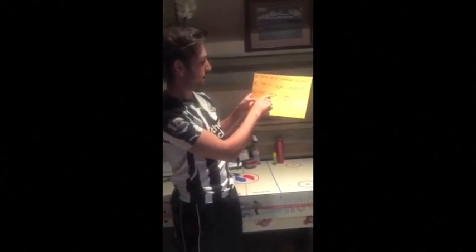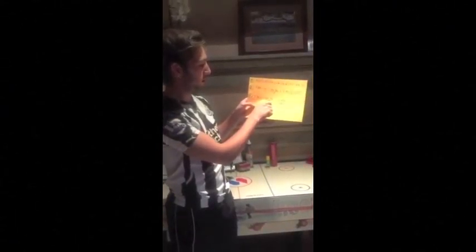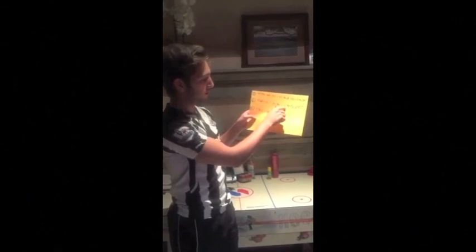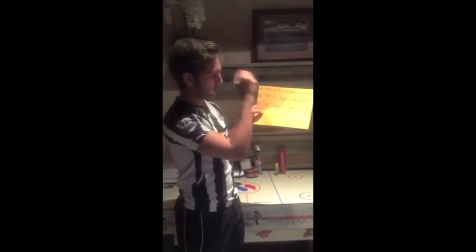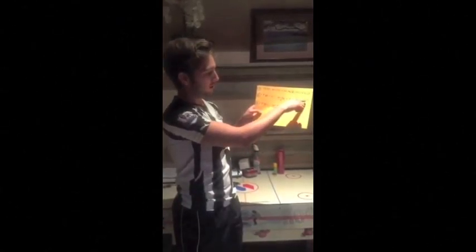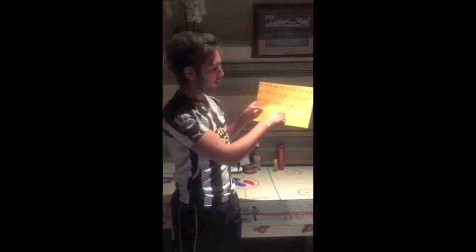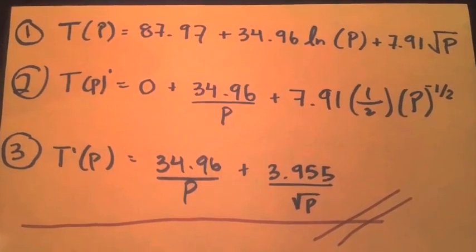So now you will have 34.96 over P plus the value when you multiply 7.91 times 1/2, and then the P goes down because it has a negative exponent, and this is your answer.